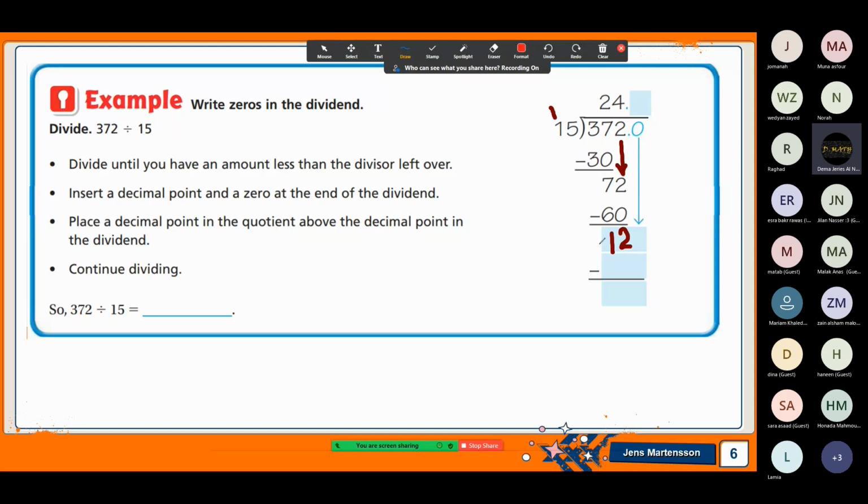Here, do you find a remainder 12, or it's 0? No, it's 12. So what do you have to do? These are the steps. The first one, insert a decimal point and 0 at the end of the dividend. So go to the dividend and add a decimal point and 0.